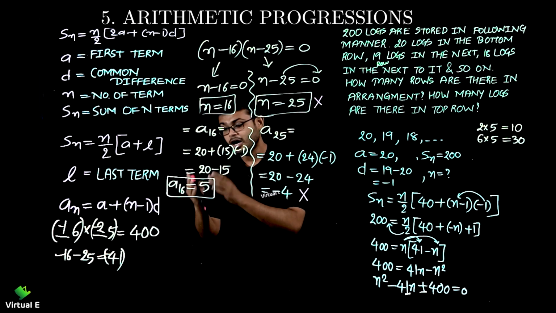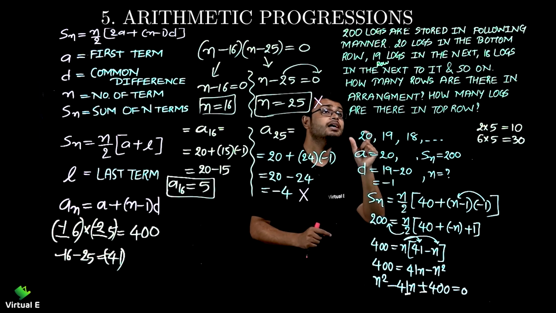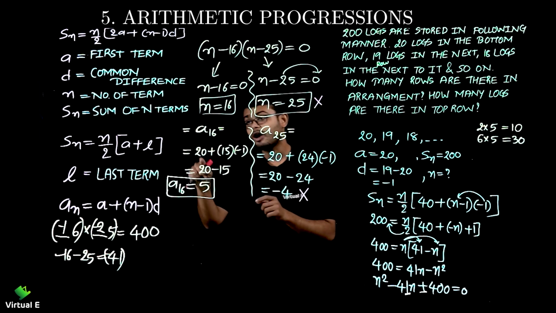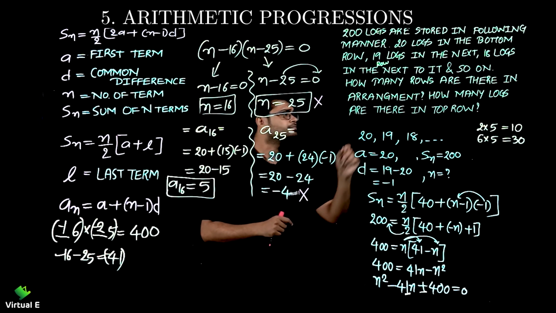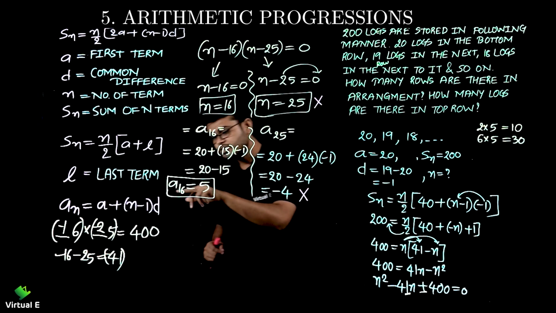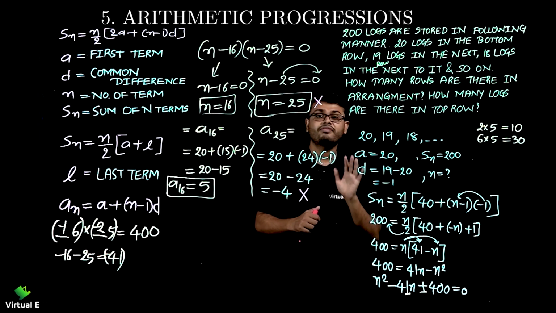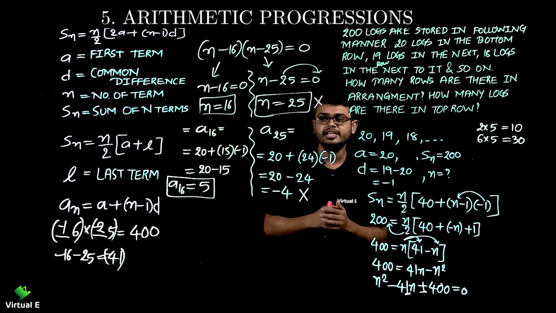And how many logs? 5. It is asked how many rows are there in the arrangement. So there are 16 rows. And how many logs are there in the top row? In the top row there are 5 logs because we found the value of A16.